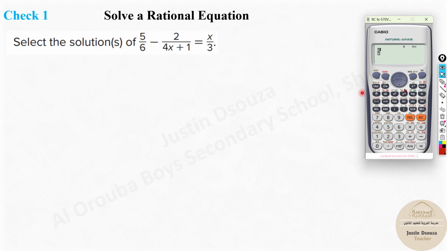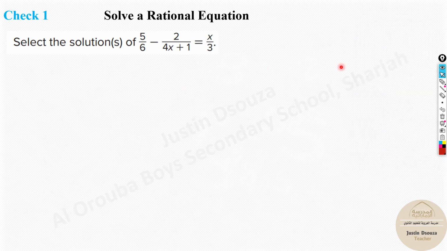Let me just solve it: 5 by 6 minus 2 by 4 alpha x plus 1 equals alpha x by 3. Okay. Now all you need to do is shift and solve, then equal to. What is the answer? It's 1.75. Let's look into the options here.